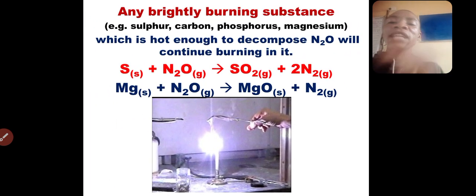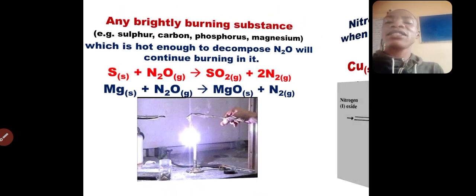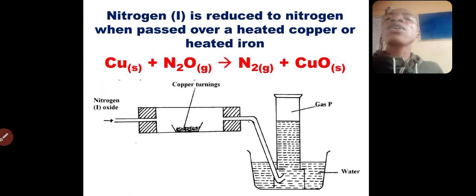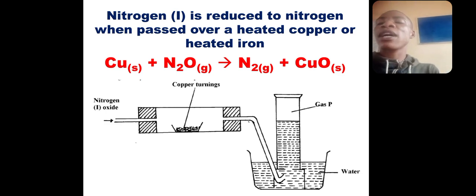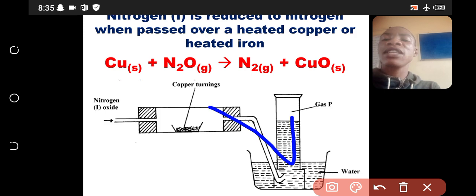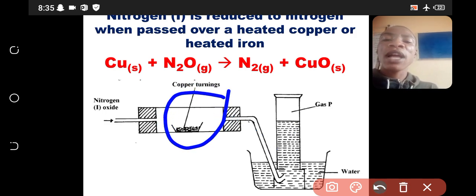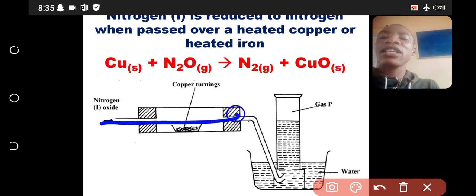So I've already mentioned that any brightly burning substance can decompose the N2O into oxide of that substance and nitrogen gas. Nitrogen 1 oxide can also be reduced by heated copper into nitrogen. Heated iron too can be used for that reaction. So as you can see now, because heated copper is a solid and N2O is a gas, you put the heated copper inside the combustion tube and you pass the N2O gas into it.